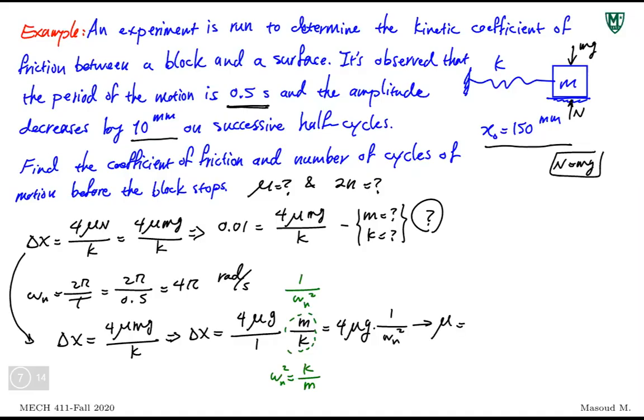Mu is equal to delta x omega n squared over 4g. I have delta x 0.01, omega n I found, plug it in, 4g. If you do the math, you'll get 0.04. That would be your coefficient of friction.